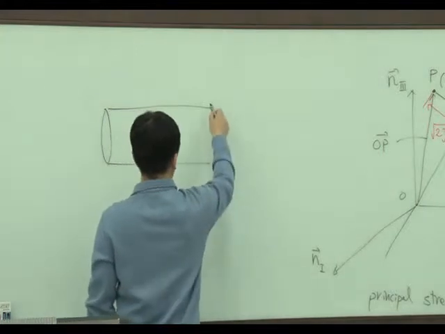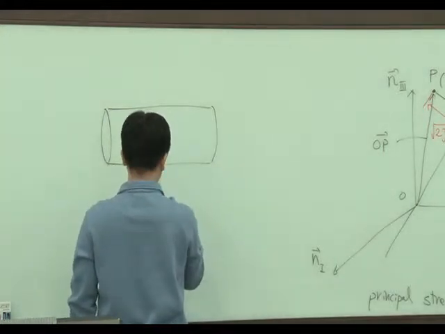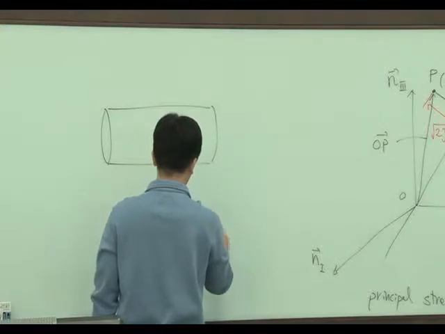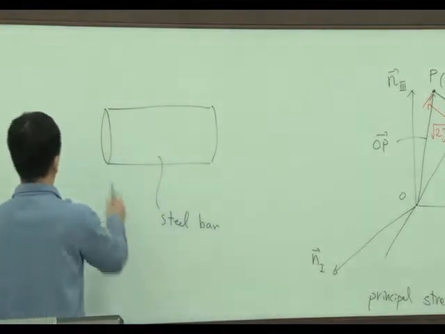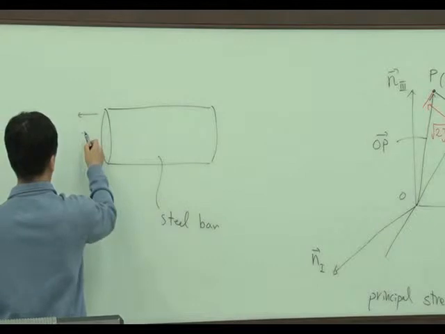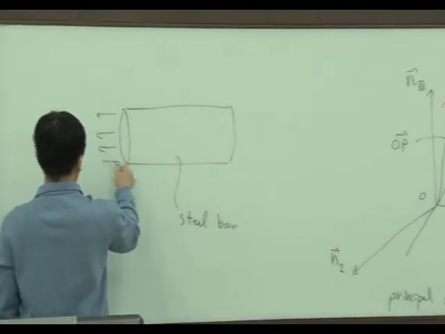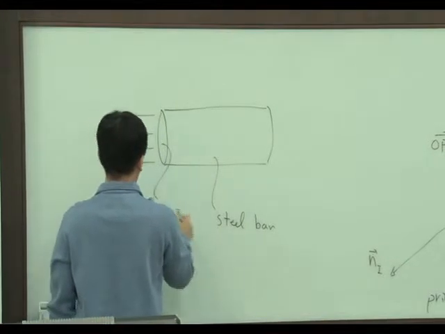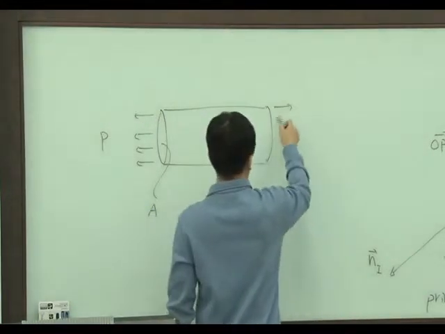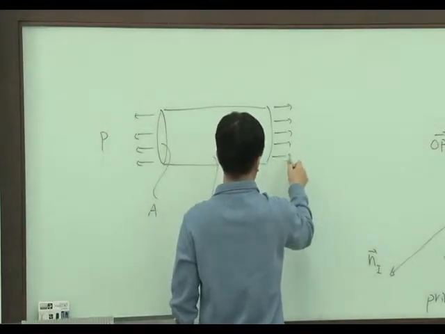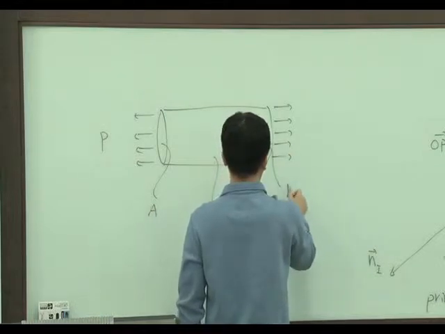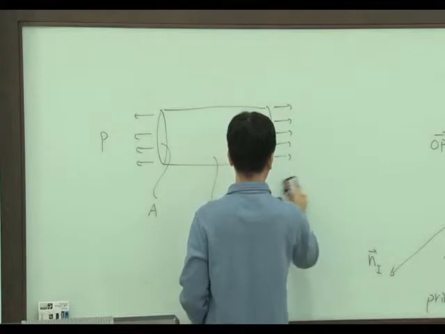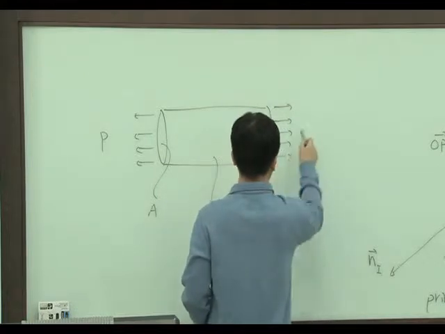This is a steel bar, and I would like to give some tensioning force P, and it has the area A. So the tensioning force P will be applied.